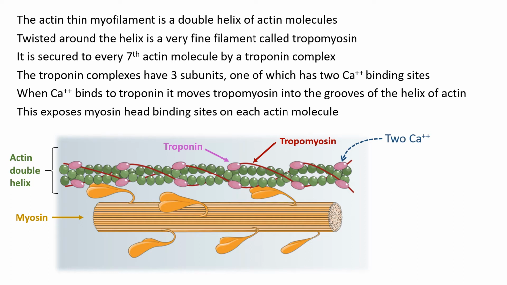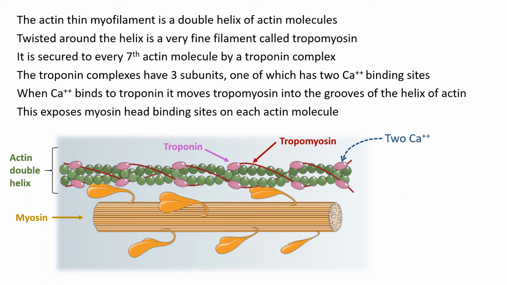What this does is expose the myosin head binding sites on the actin molecules. Each of these actin molecules has these myosin head binding sites. Normally, in relaxed muscle, tropomyosin sits on the top of the beads, the apex of this helix, covering these binding sites.